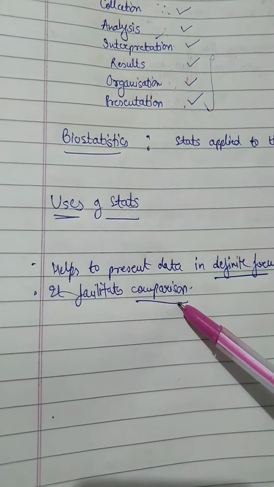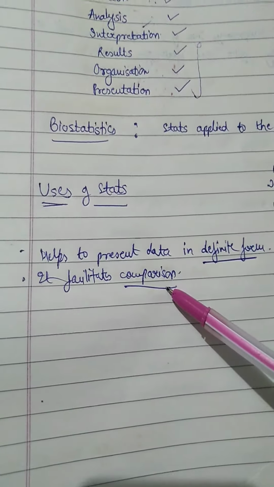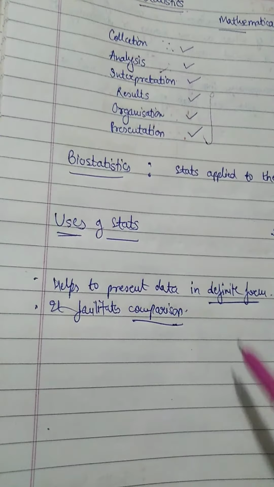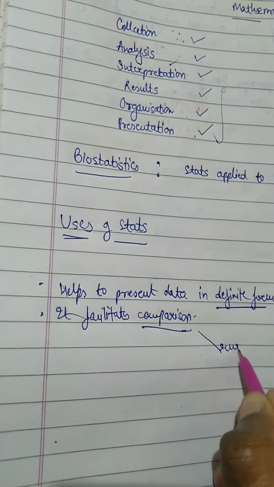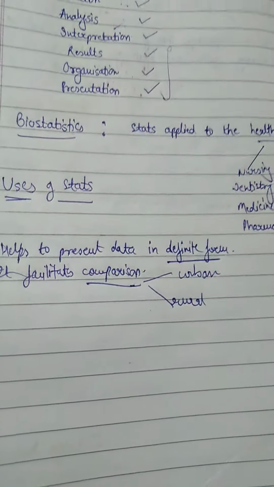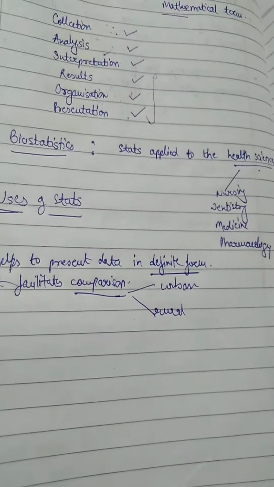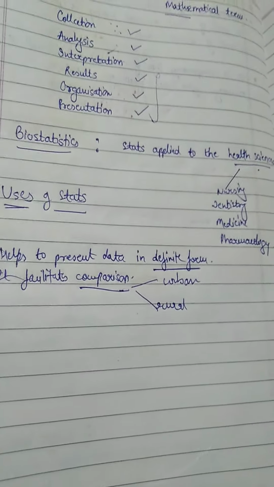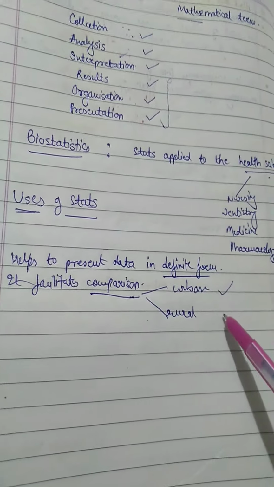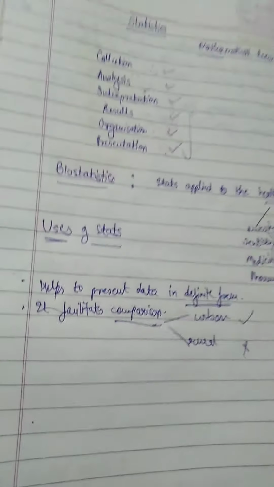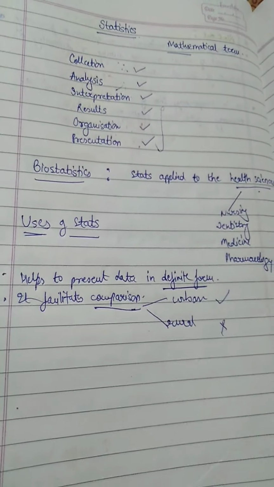If you are going to see the difference in rural and urban areas population, you administer your tool to both of them, rural and urban. With the help of that collected data and after interpreting its results, you can compare which of them are having good knowledge and which of them having bad knowledge about certain phenomena. So with the help of statistics only you can compare.